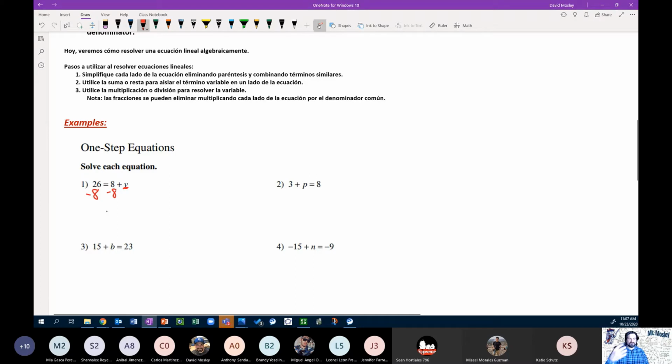If I subtract the number from one side, yes, Damien, very good. I have to subtract that same number from the other side. Right? That makes this number go away. Cancels out. 8 minus 8 is 0. 26 minus 8, as Damien said, and Anise said, is 18.